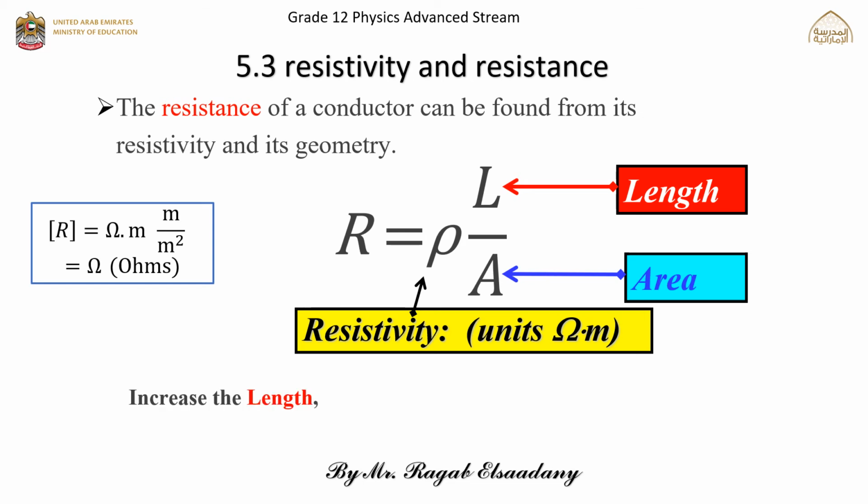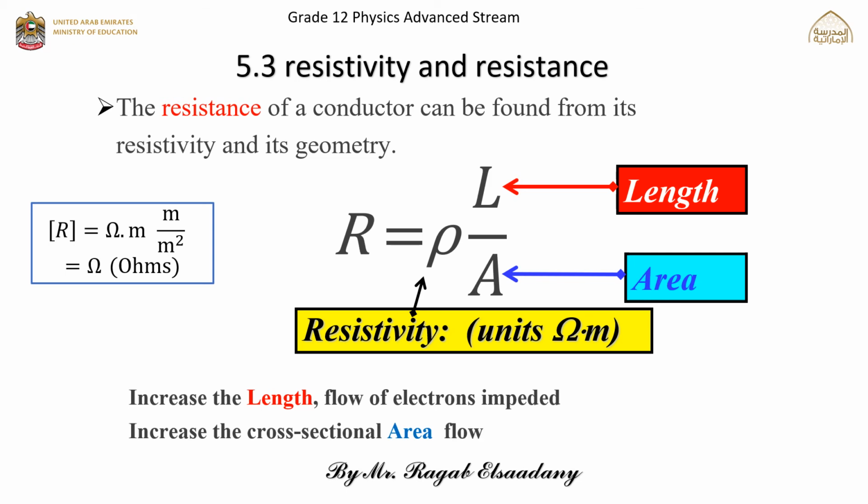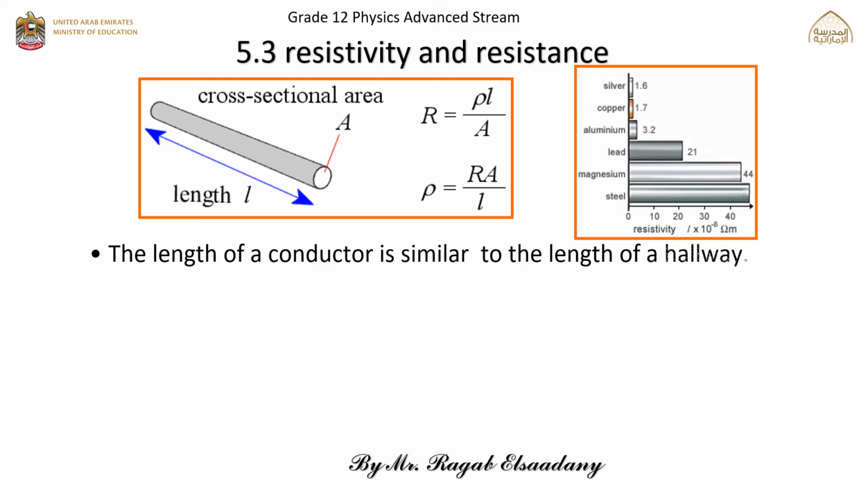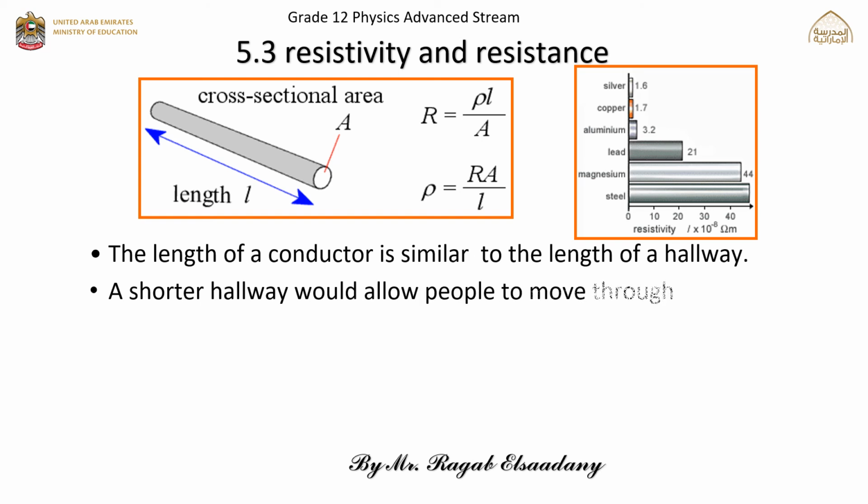Increase the length, and the flow of electrons is impeded, but increase the cross-sectional area, and the flow is enhanced. The length of the conductor is similar to the length of a hallway. A shorter hallway would allow people to move through at a higher rate than a longer one.